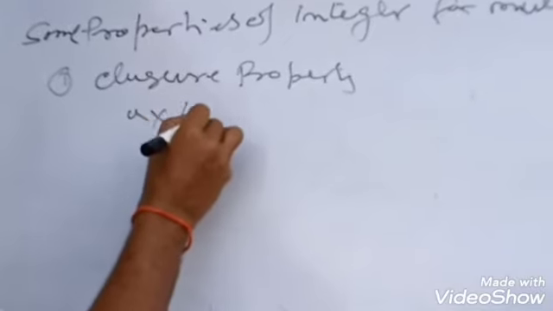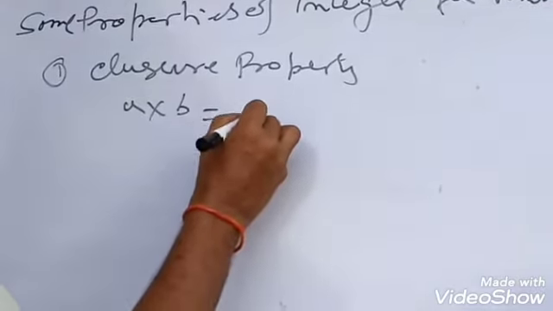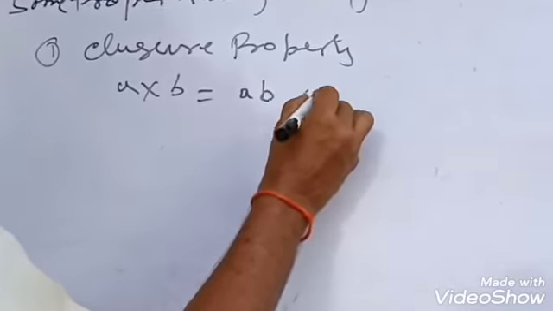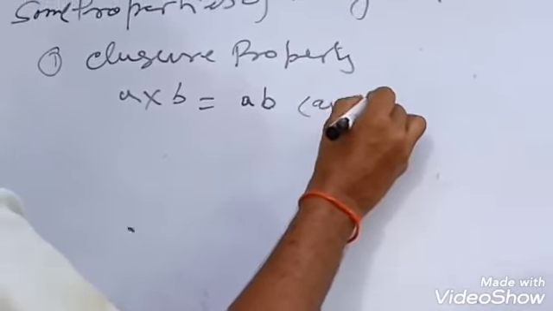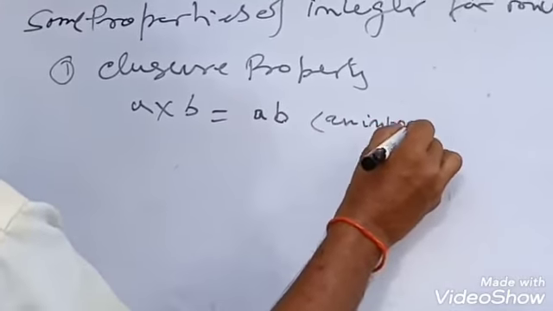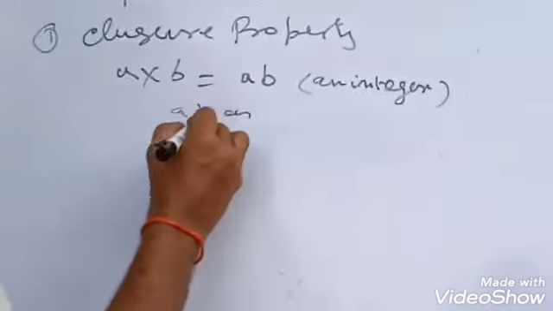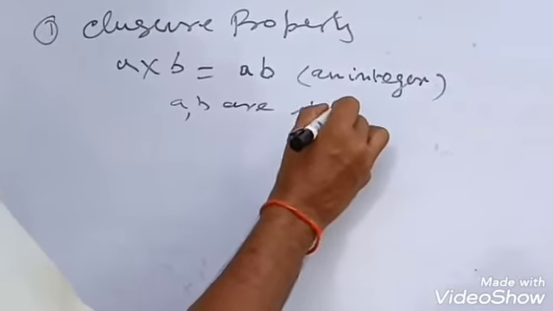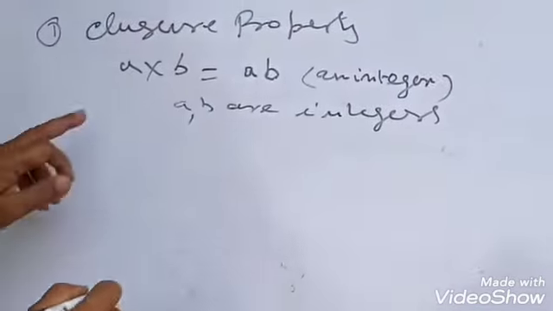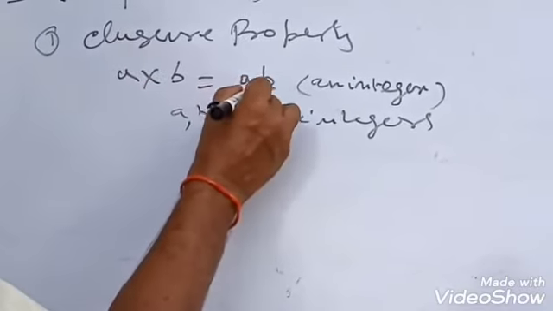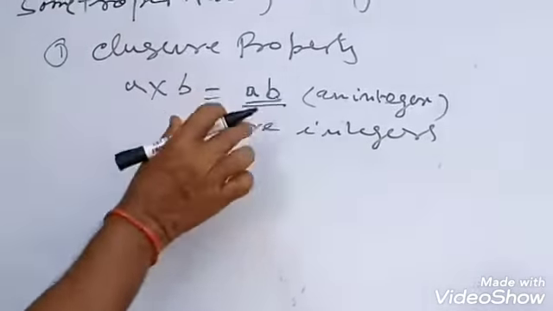A into B is equal to AB, and AB are integers. When two integers are multiplied, an integer comes. This is the closure property.